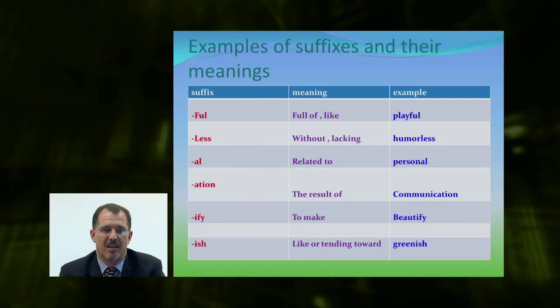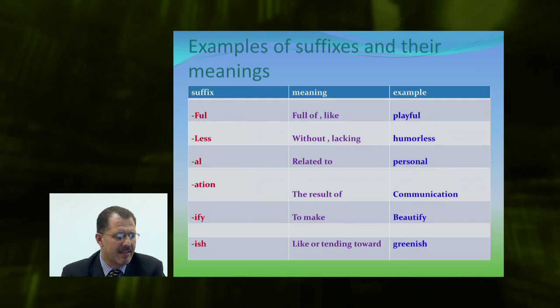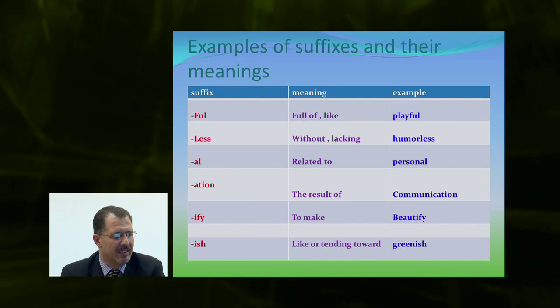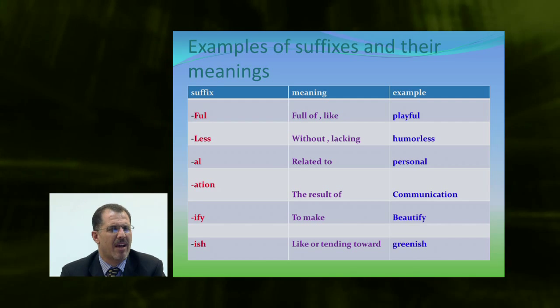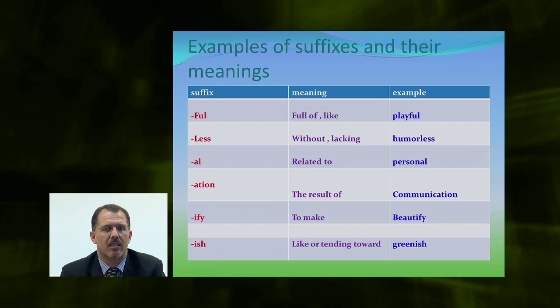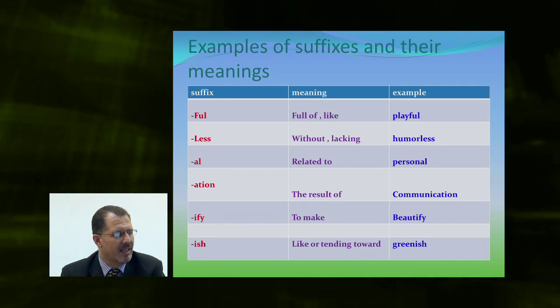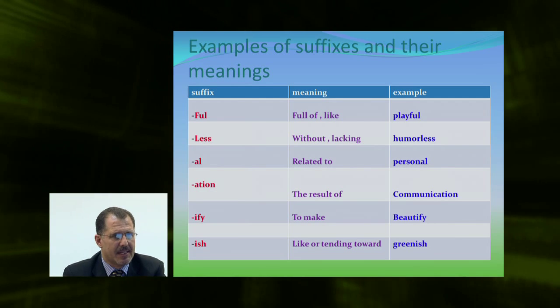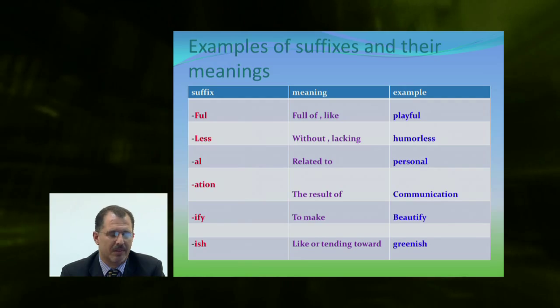Okay, the next one is IFY, and the meaning is to make. Here we have an example like beautify. We have other examples that end with IFY like modify, clarify, and so on. The last one is ISH, which means like or tending toward.